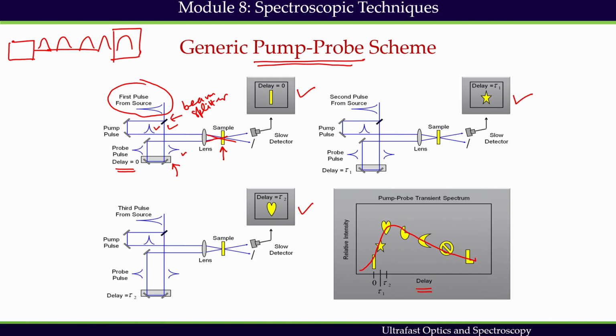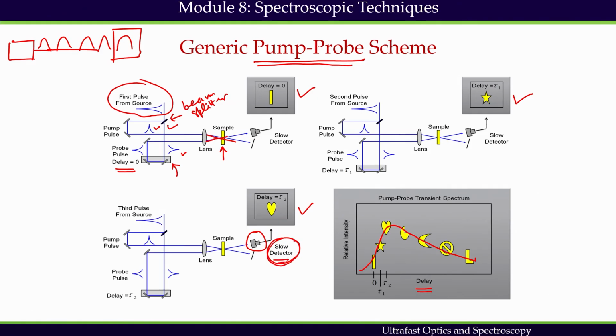Here we note that the pump probe scheme is an all optical scheme involving a slow detector. So, we have to understand that the detector finally which we are using is a slow detector, and there is nothing wrong in using a slow detector, because at a particular delay we can wait for a very long time to collect the total signal.